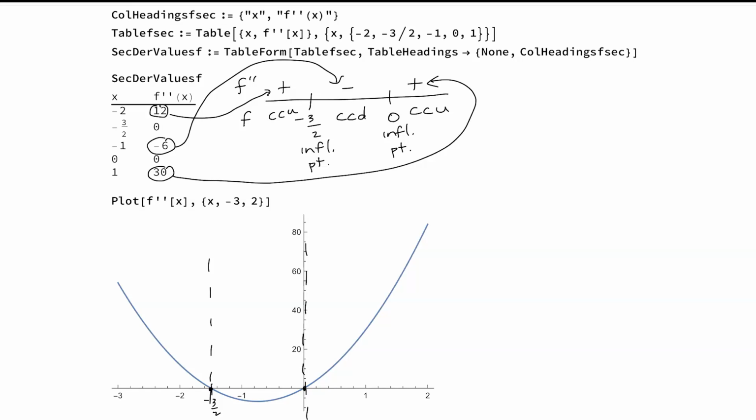Okay, and then again I put a plot of f double prime here just by way of reminder. So here's -1.5, and I'm going to just compare f double prime to f here, where f double prime is positive, f is concave up. Where f double prime is negative, f is concave down. But I also encourage you to compare these to the f prime up above, right?